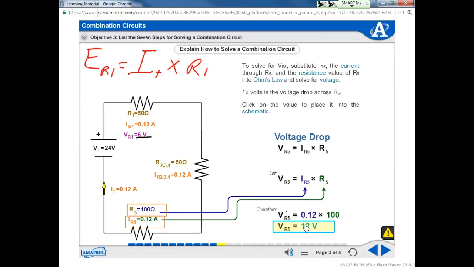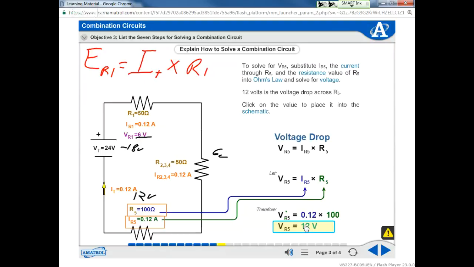And we know that we're dropping 12 volts here. So what is 12 plus 6? 18. It's 18 volts. So what is 24 minus 18 volts? 6. So we know that here is going to be 6 volts, because that's all that's left.